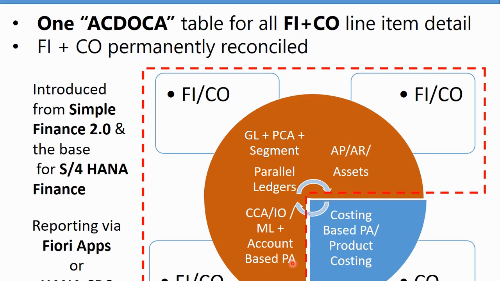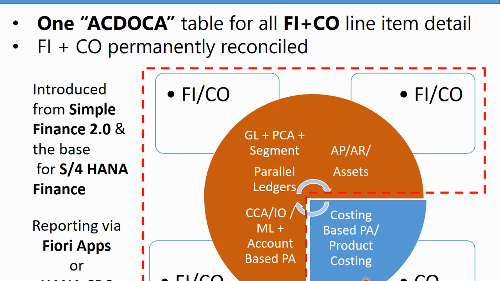So if we think about our pie chart in terms of FI/CO, under new GL we already had profit center and segment accounting and parallel ledger concepts, but now with the Universal Journal, AP, AR, and assets all became part of FI as well, so FI and CO really get combined. Cost center accounting, internal orders, material ledger, and account-based profitability analysis are now all part of this new FI+CO model in the ACDOCA table.